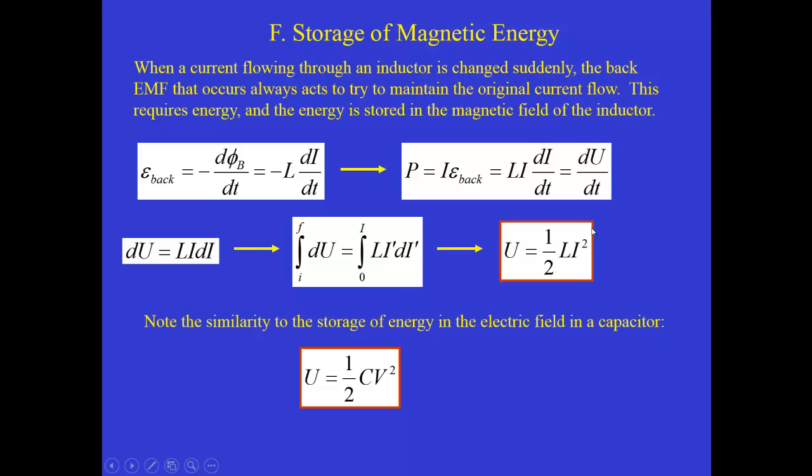In class I'll show how you can re-express this formula for the energy storage in terms of the magnetic field strength inside the inductor. We did something similar with capacitors, where we showed that you could express the energy storage in a capacitor in terms of the strength of the electric field itself.